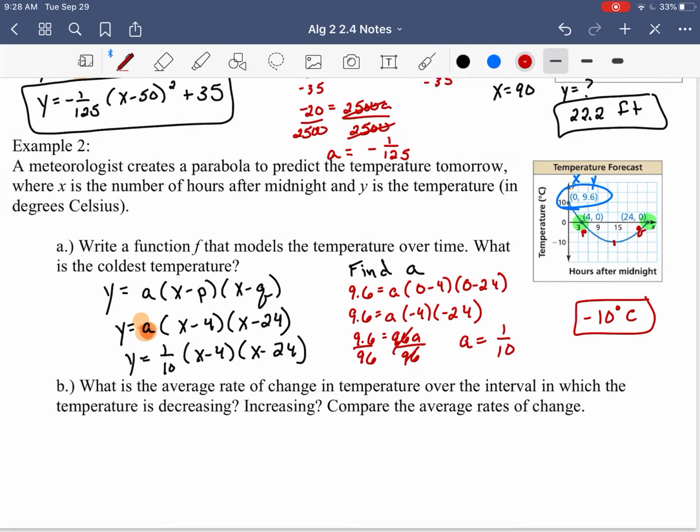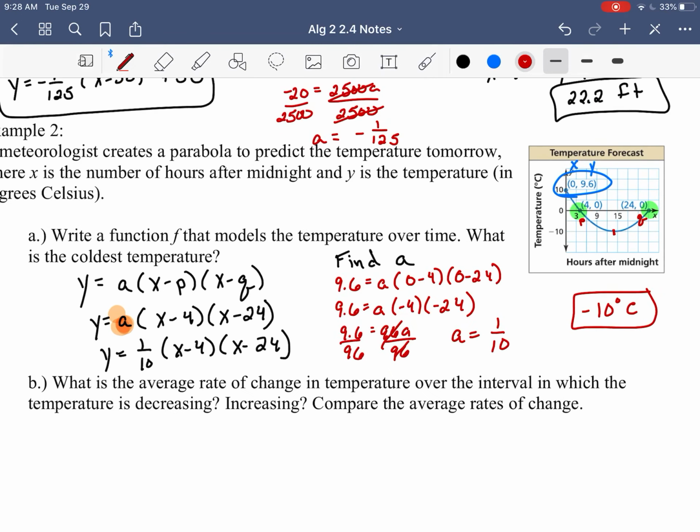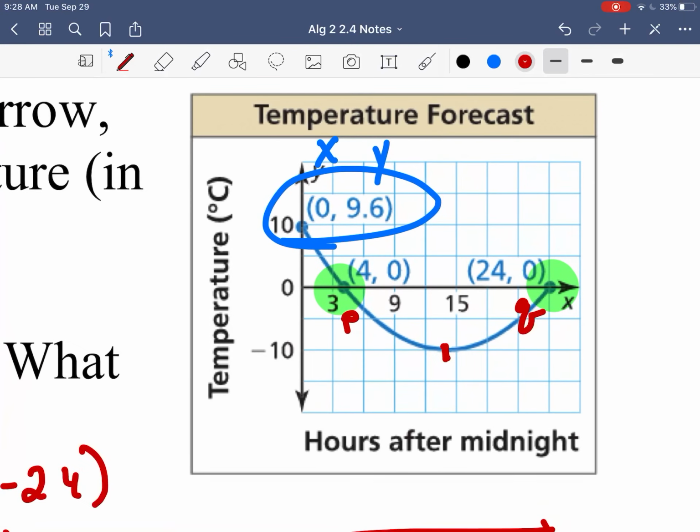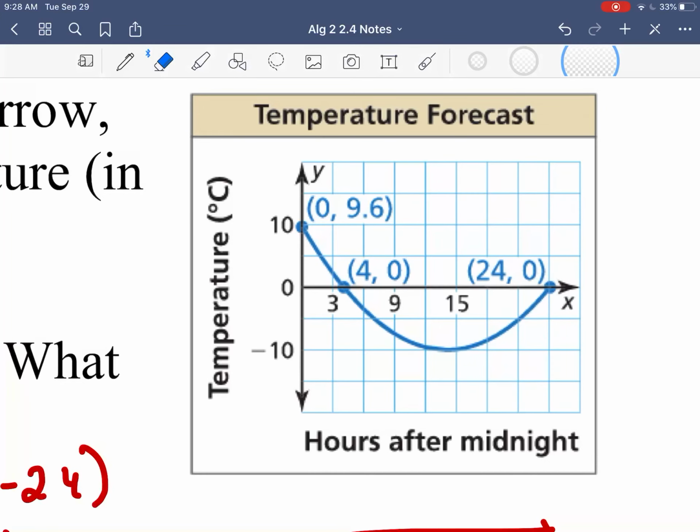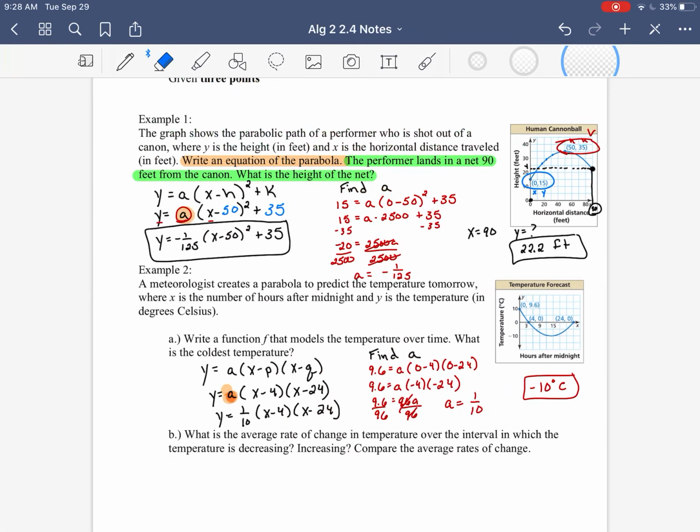Okay. So now what is the average rate of change in temperature over the interval in which the temperature is decreasing and increasing? So let's look over here at our graph. Whenever I see average rate of change, I think slope. I'm looking at the slope between those two points.